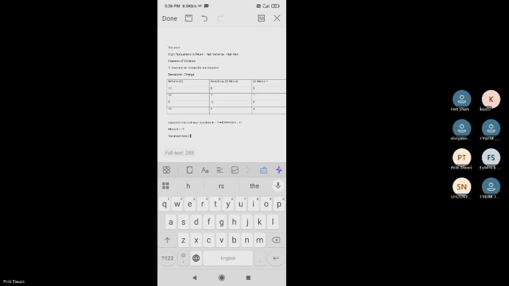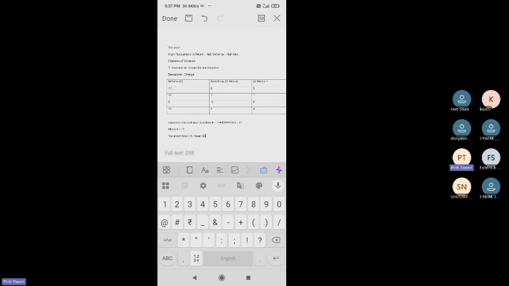Total of x minus mean the whole square divided by n. Now what is this n? N is nothing but number of years or the numbers of years for which you have taken the data.